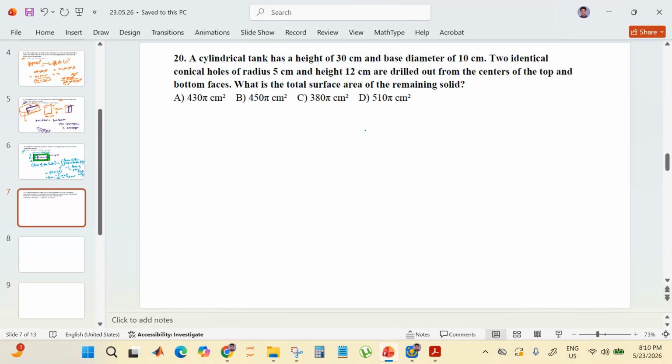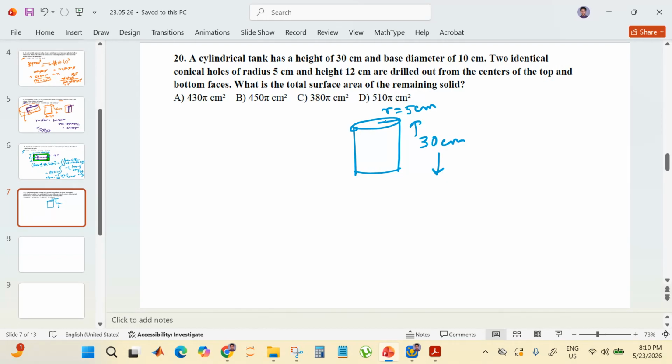Cylindrical tank has a height of 30 centimeters. Height is 30 centimeter and base diameter 10, that is base radius 5. Two conical holes of radius 5 centimeter and height 12 centimeter are drilled out from the centers of the top and bottom faces.